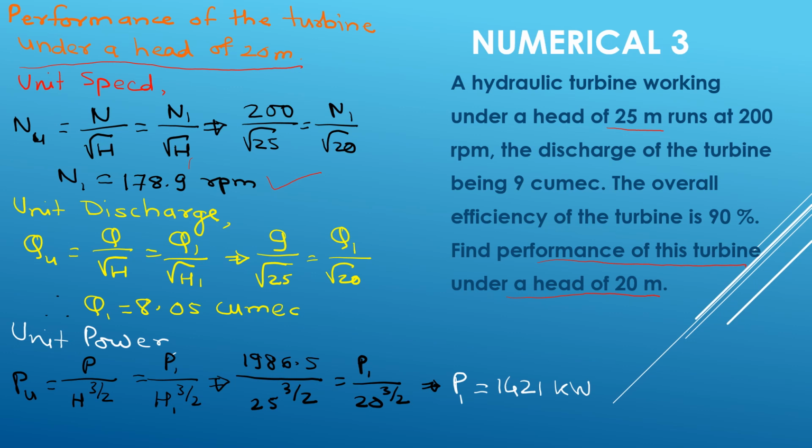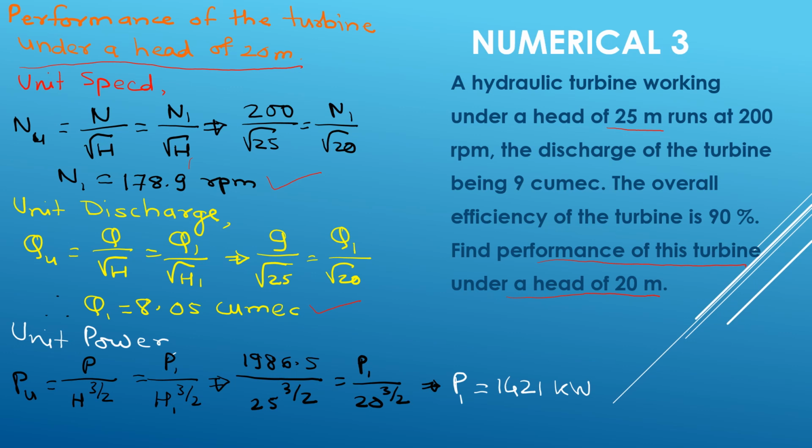Similarly, if you find out Qu, that is Q upon root H equal to Q1 upon root H1, we get 9 upon root 25 equal to Q1 upon root 20. That gives Q1 equal to 8.05 cumecs. So this is the discharge under the head of 20 meters.